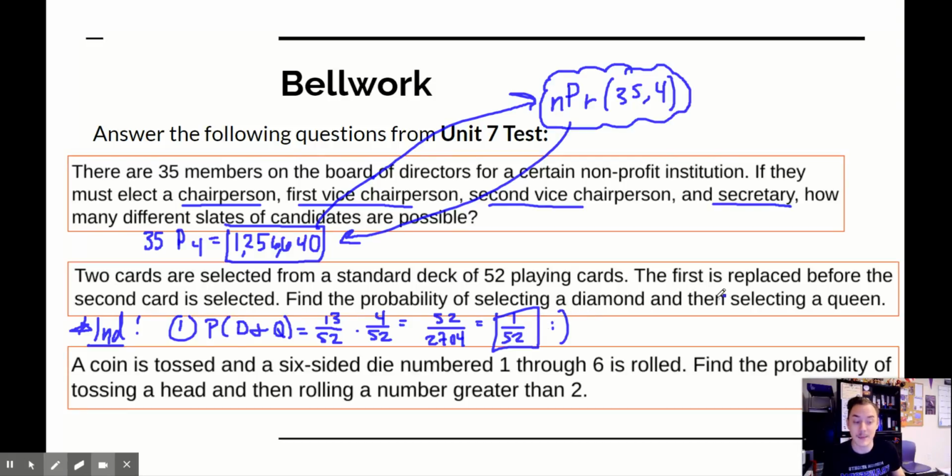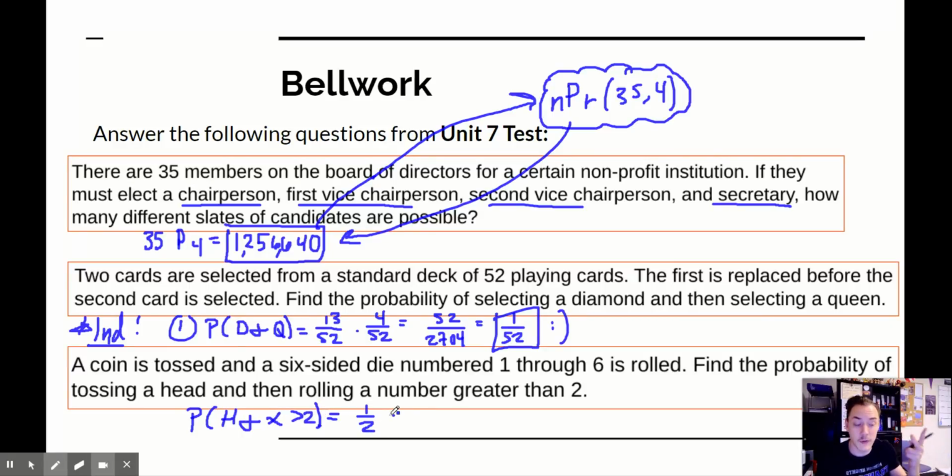Okay, and that's all you have to do. That's it. Promise. Okay, a coin is tossed and a 6-sided die is rolled. They definitely have nothing to do with each other. It's a coin and a rolling of a die. So find the probability of tossing a head, and then rolling a number greater than 2. Okay. So tossing a head, well, there's 1/2 out of there, and then times, because it's and, a number greater than 2.